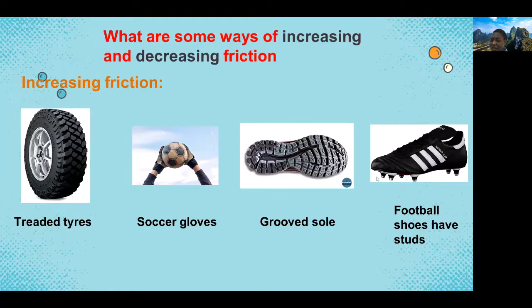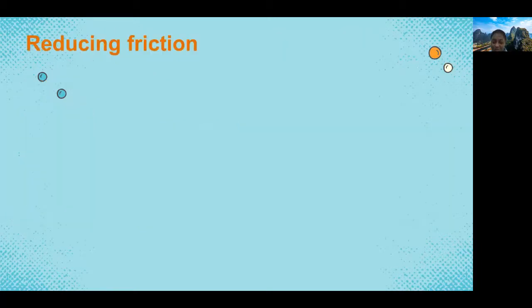These things down here are called studs, so that they can control themselves and not be falling down now and again. That is all we talked about yesterday, about ways in which we can increase friction.